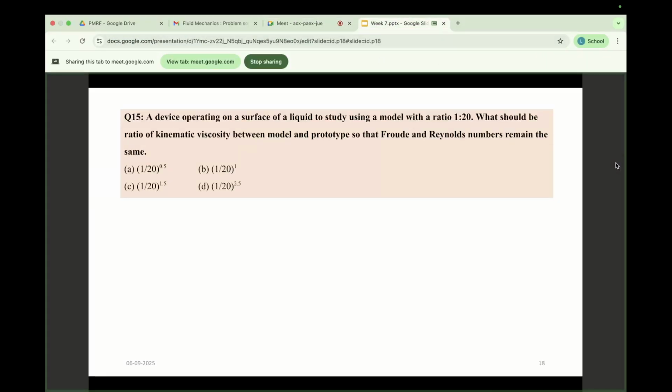Okay. So the first thing is that I have to write down what is given in this one. A ratio is given, that means LR is given here, which is 1 by 20, right? So the Froude number and Reynolds number remain the same. It is already given. As the Froude number is the same, Froude number of model by Froude number of prototype is the same.